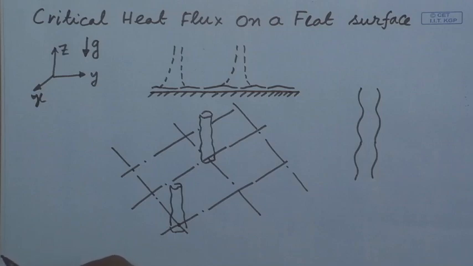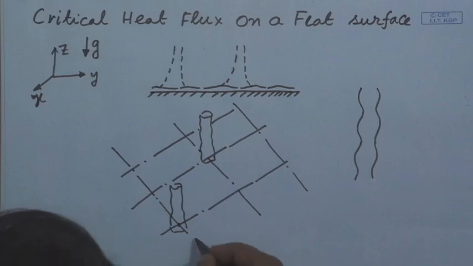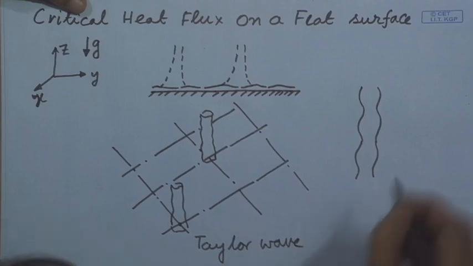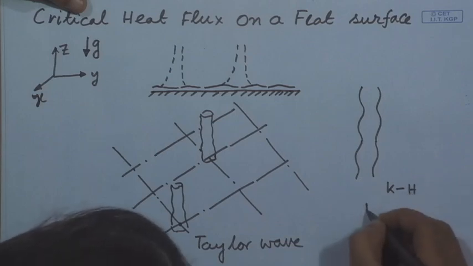It will give rise to another kind of instability which is known as Kelvin-Helmholtz instability. Both these instabilities I have mentioned earlier. So, here we can get some Taylor wave, and in this case we can have some Kelvin-Helmholtz instability.